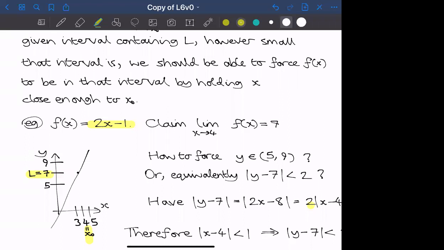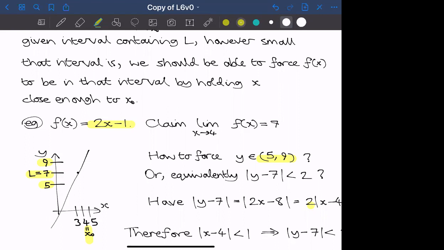Now, let's choose our interval to be 5 to 9. So 5 at the bottom and 9 at the top. So how to force the value to be in this interval?